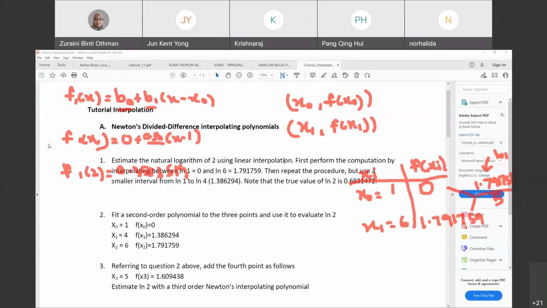Okay, now try to use the second interval yang dia bagi ni. Meaning that here it is not 6 anymore, it is 4. This is 4 and this is ln 4, ni ialah 1.386 macam tu lah kan, 1.3862944.